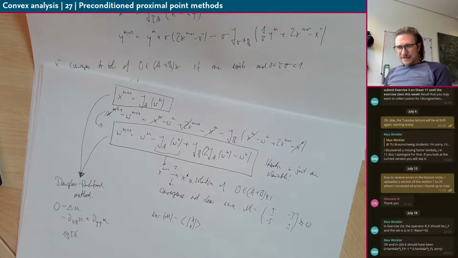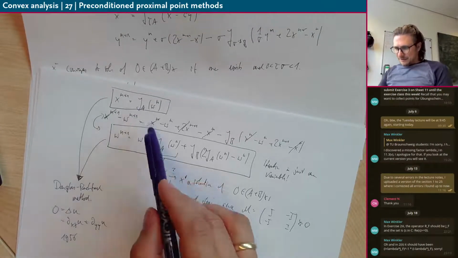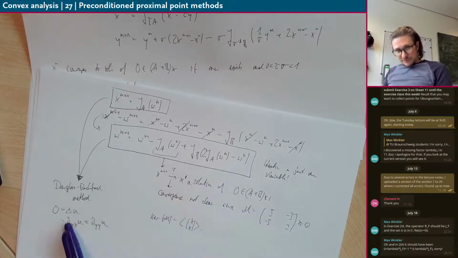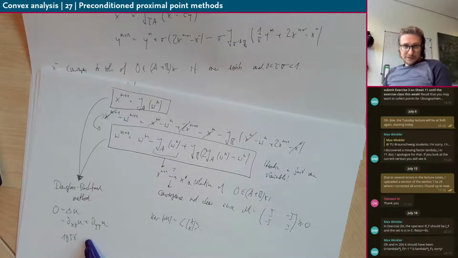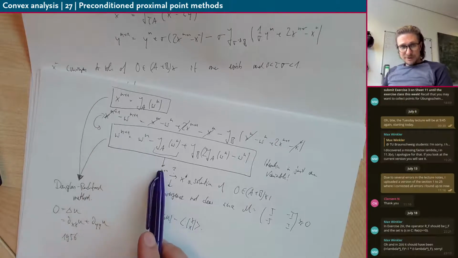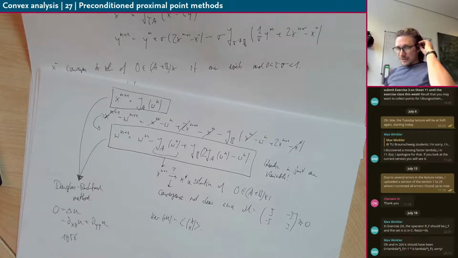This method, which they just wanted to use to solve the heat equation or the Laplace equation, can be generalized to general monotone operators, and only in the early 2000s or 2010s has this method been broadly applied to split monotone inclusions and all the things which we've seen before.